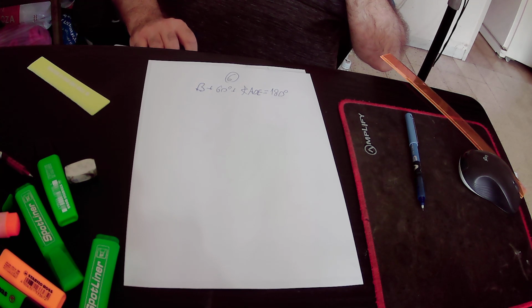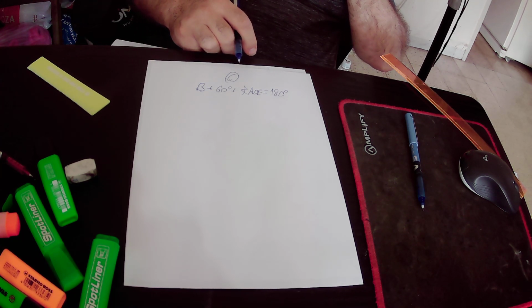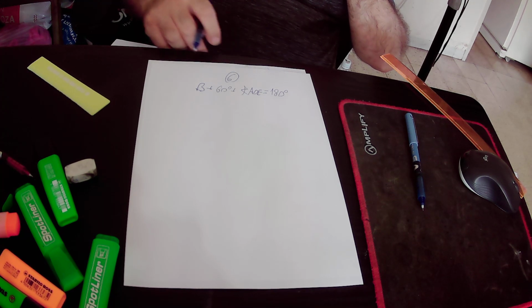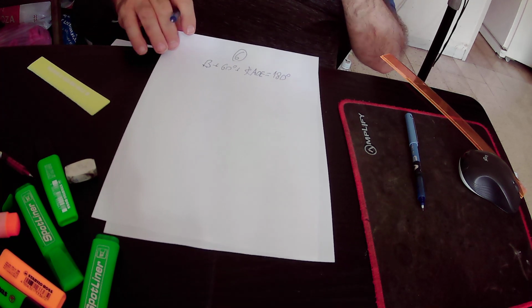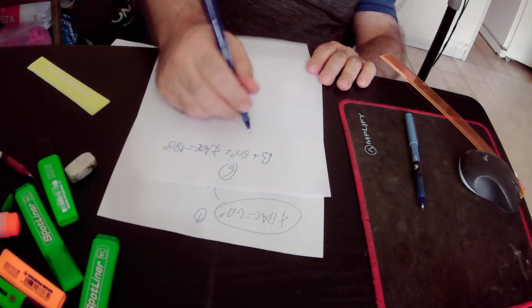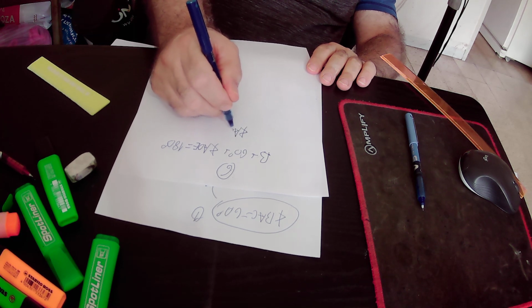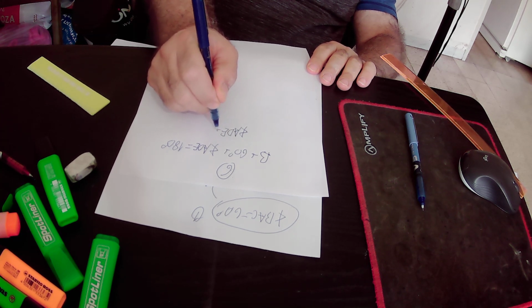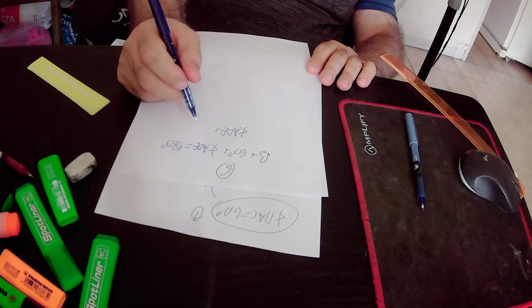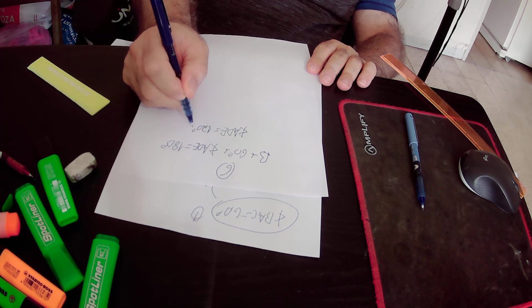Okay, so here we will subtract 60 degrees and also B from this equality, and we'll get the value of angle ADE that we want to find out. The value of angle ADE equals 180 degrees minus 60 degrees, which is 120 degrees, minus B.